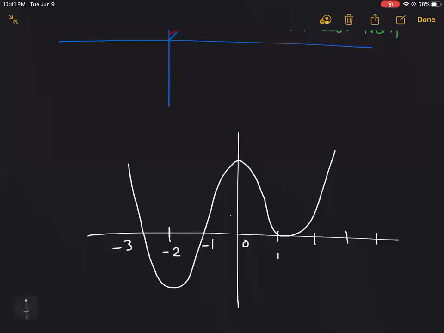That's 1, 2, let's say that's 3, okay. Now if I say find the local min and local max, can you do that?